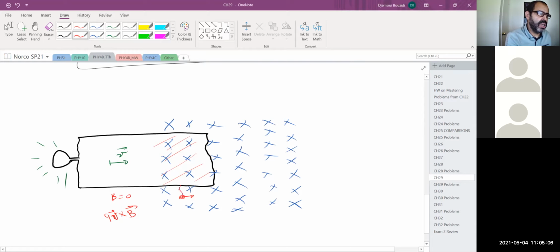So this charge will try to come out of the metal, come out of the wire, assuming that the wire is rigid enough so that this does not happen. Same thing for this charge that is sitting here, moving in this direction. That's its v. The magnetic field in that region is pointing into the screen, and again it wants to come out this way too. But again, assuming the wire is rigid, nothing is going to happen.